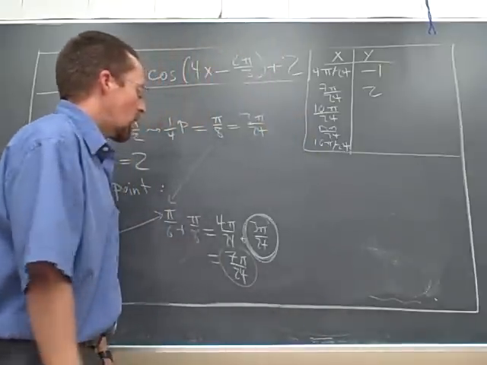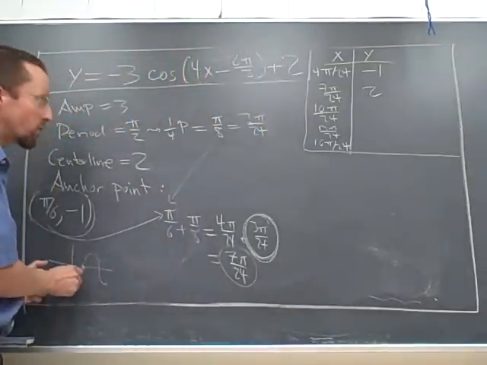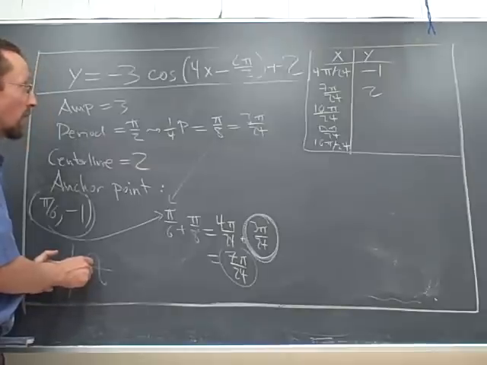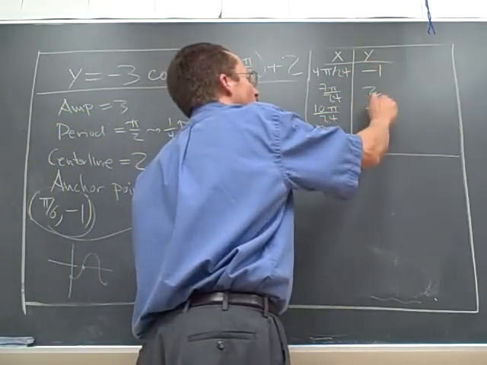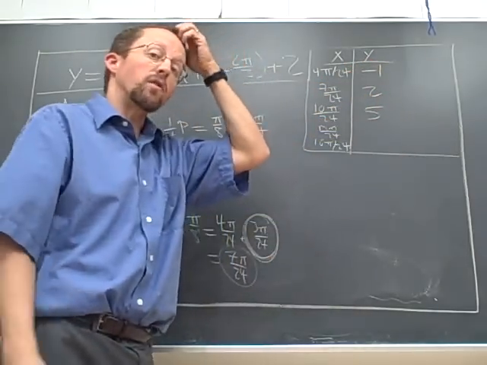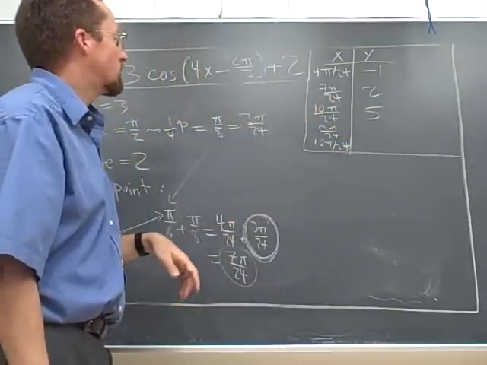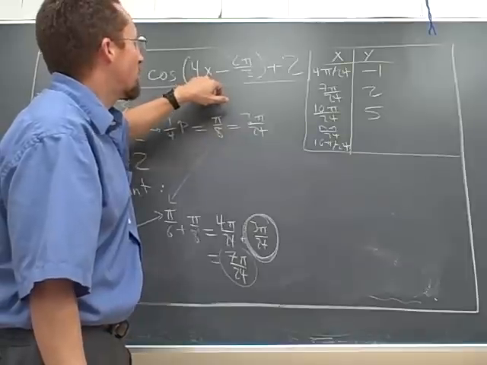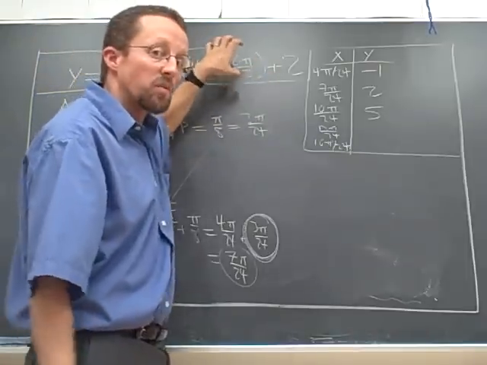Okay, so now, let's see. We got this kind of picture, schematically, what's going on. Went from low to center line, then it goes high. It went 3 up to get from low to center line, 3 more, because again, got to get our high value. Again, if you're suspicious of that quick determination of the 5, plug in 10 pi over 24 into here, simplify it, subtract, you're going to get a very simple number here.